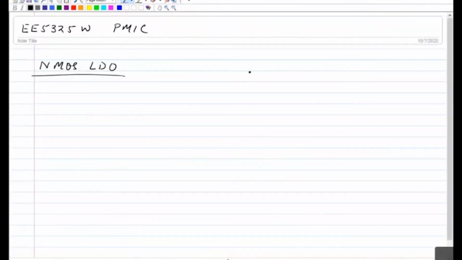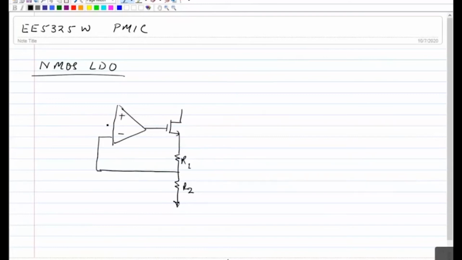Okay. So we'll talk about the NMOS LDO. In the NMOS LDO, instead of a PMOS at the output stage, which we call the pass element, we have an NMOS. And the rest of the things will remain the same: R1, R2, and you have the error amplifier here, plus, minus, error.